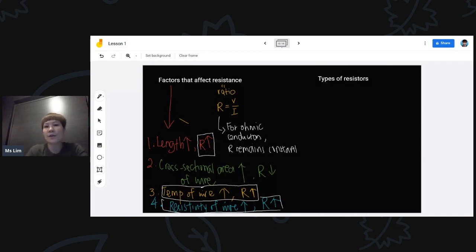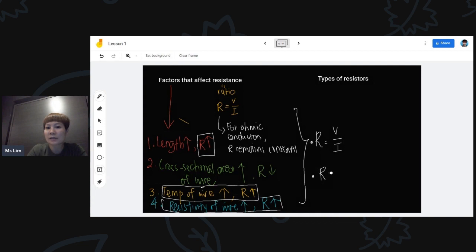So therefore you can actually use this to form a relationship. The resistance can be found using V over I. There's one way to find it, because resistance is the ratio between the potential difference and the current. But resistance can also be found in terms of the factors.